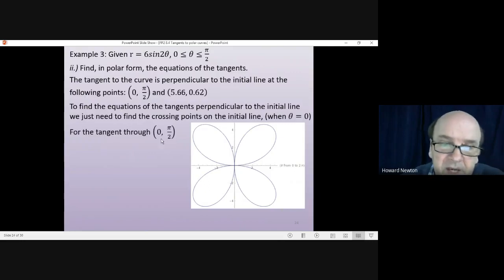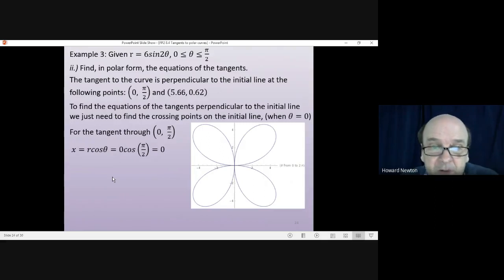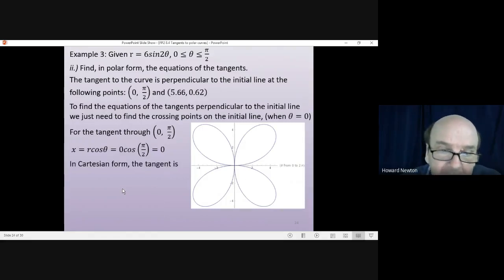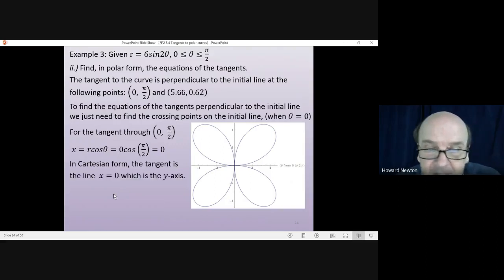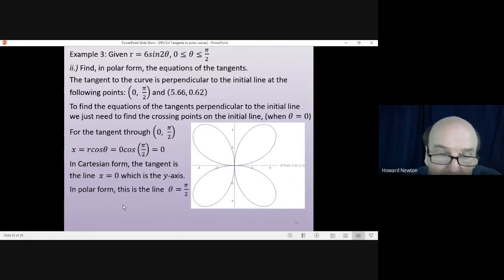So first of all, for the tangent through 0, pi by 2, so that's going to be this line here. x equals r cos theta, which gives us 0 cos pi by 2, which is 0, which is self-evident from the sketch. So this tangent here is where x equals 0. And in Cartesian form, the tangent is the line x equals 0, which is the y-axis. In polar form, that's the line theta equals pi by 2, or the half line theta equals pi by 2.